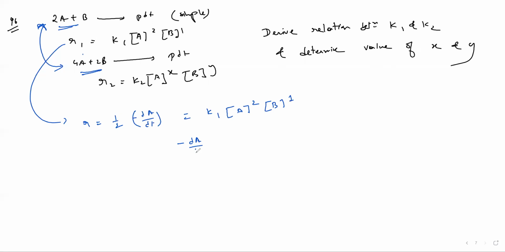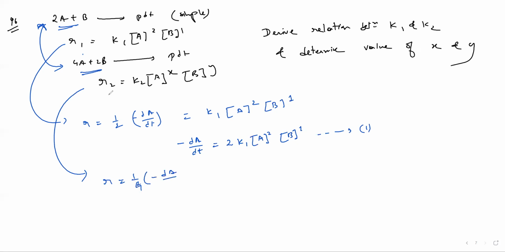Minus dA by dt equals 2 into K1 A square B to the power 1. This one is the first equation. Now from the second equation, we can say rate equals 1 by 2 minus dA by dt. Instead of 1 by 2, you can write stoichiometry is 4 dA by dt, which equals K1.